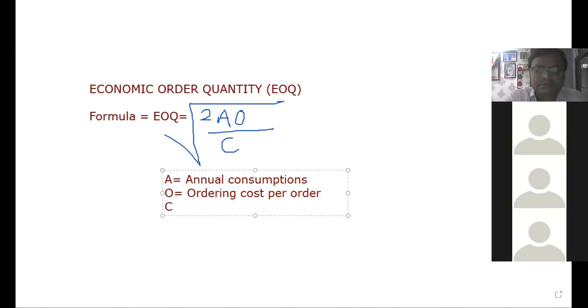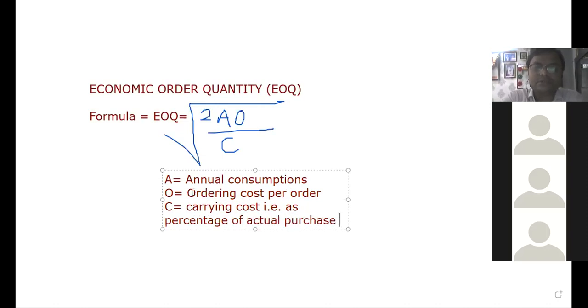And C is nothing but carrying cost as a percentage of the actual cost. Okay. Or inventory carrying cost. You can use the word inventory carrying cost as a percentage of the actual purchase cost. That is already given in your problem.